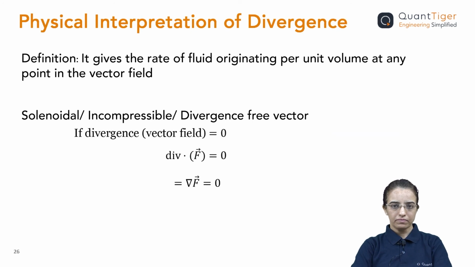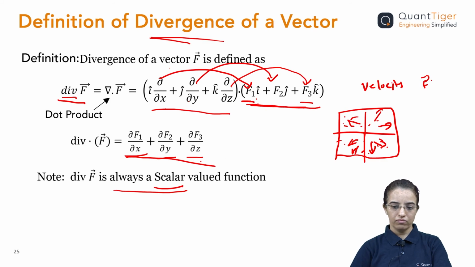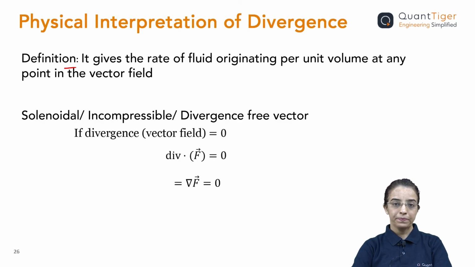Now physically, the definition I have put here: it gives the rate of fluid originating per unit volume at a point in a vector field. Just to make you understand, I drew the diagram, which was telling how the fluid is flowing.